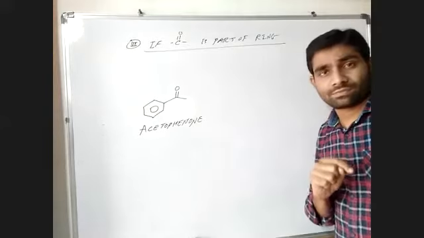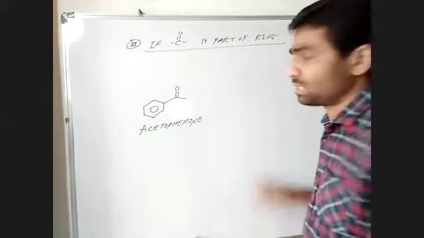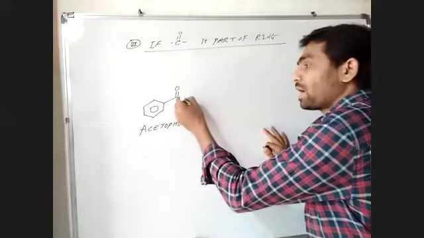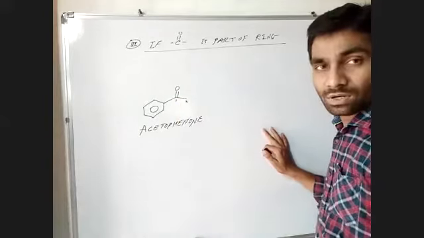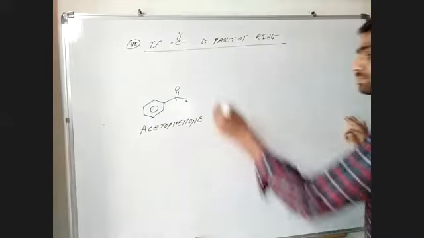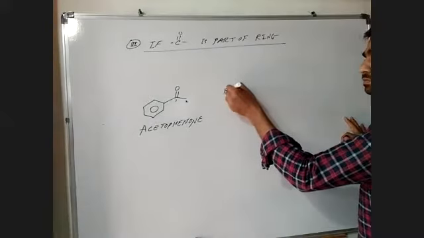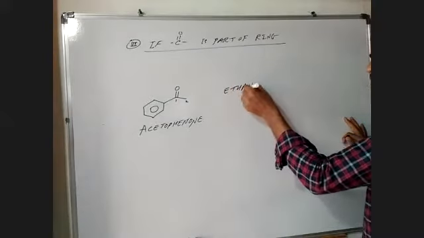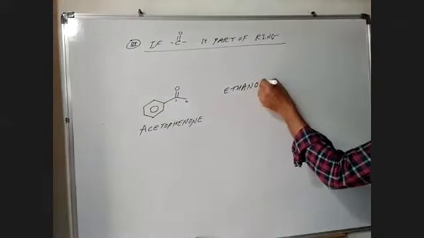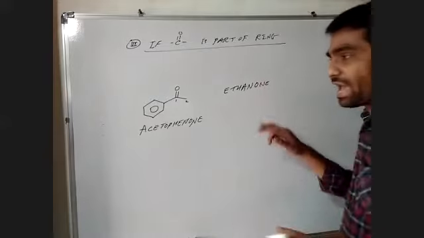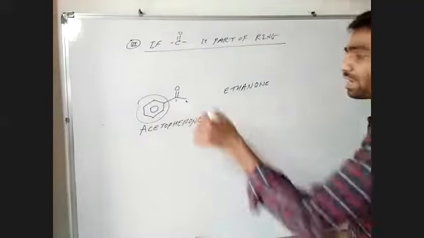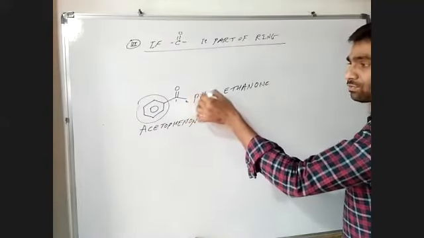Now listen. See, this carbonyl carbon carries number 1, and outside this there is another, second carbon. So ethanone, 2 carbons, ethane and carbonyl, but we have a phenyl group attached here, so I can say phenylethanone.